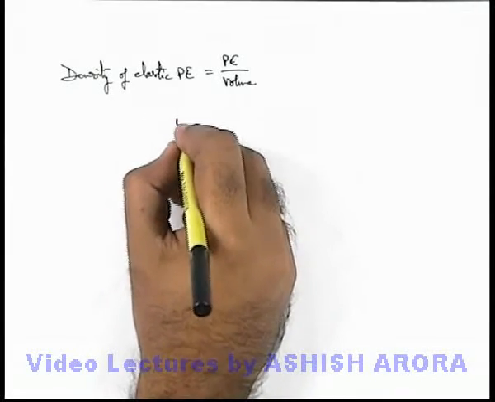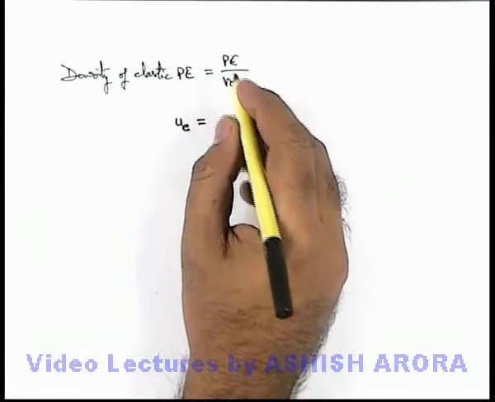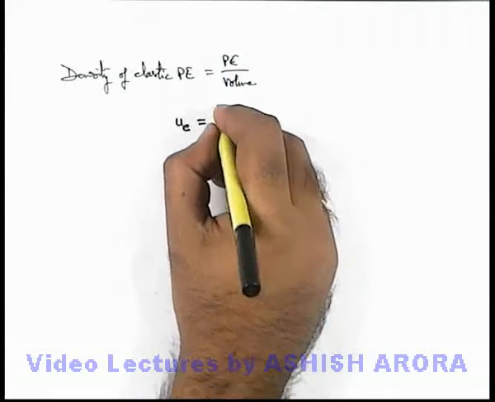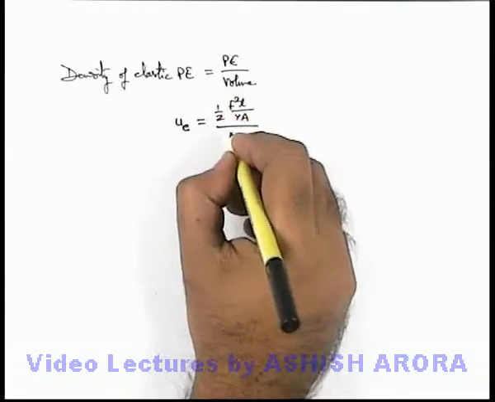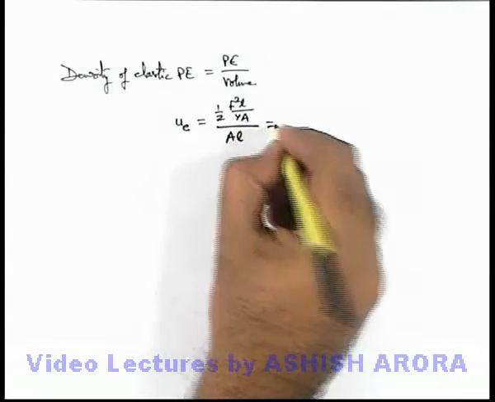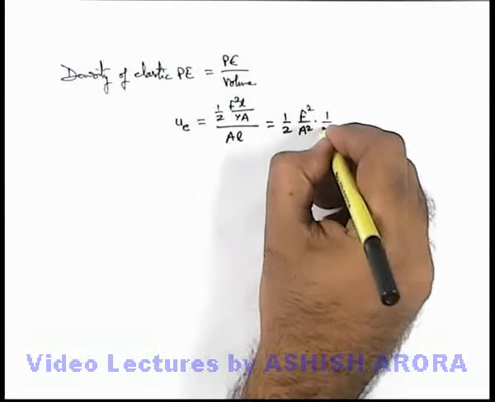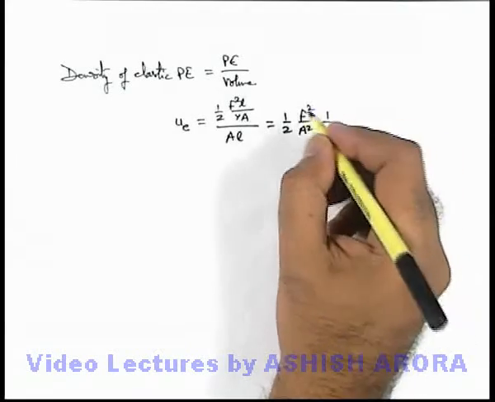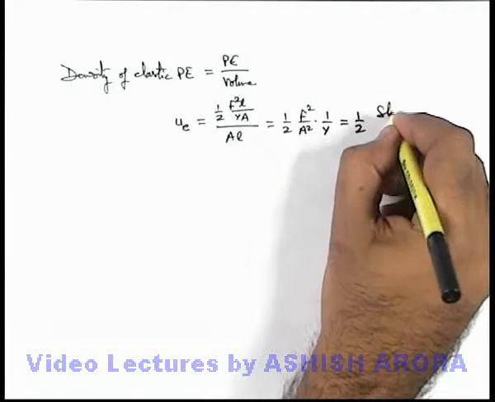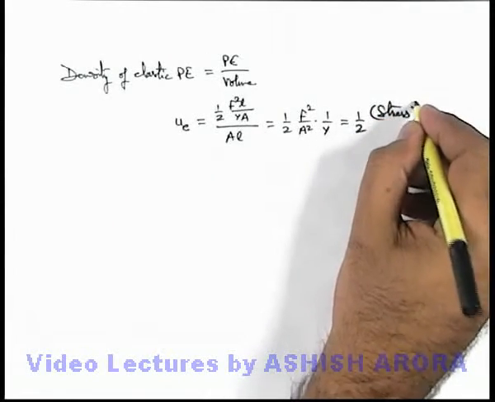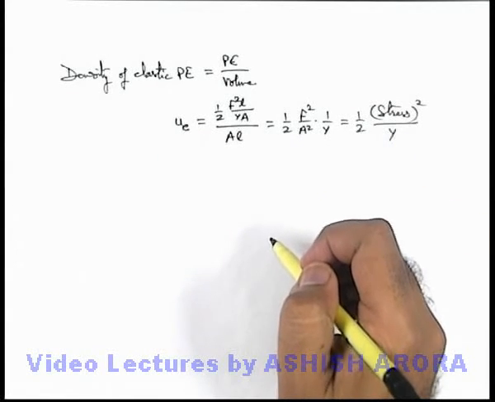This is expressed by the letter small u, E. And as we have just calculated the potential energy in the previous case as half of F square L by YA, divided by the total volume of the rod, which we can take as AL, this will be written as half of F square by A square multiplied by the reciprocal of Young modulus. And as we already know, F by A can be written as stress. So this can be written as half of stress in the material square divided by Young modulus. That's the expression of elastic potential energy density.